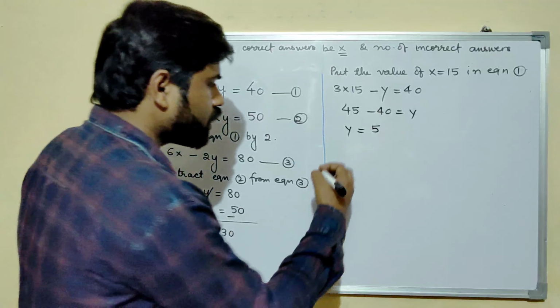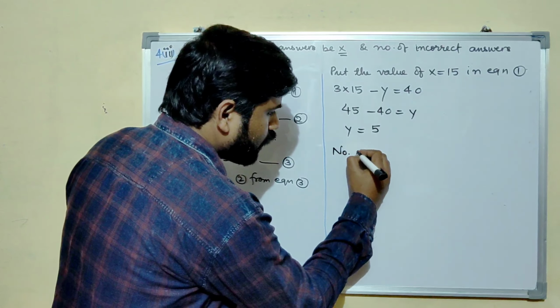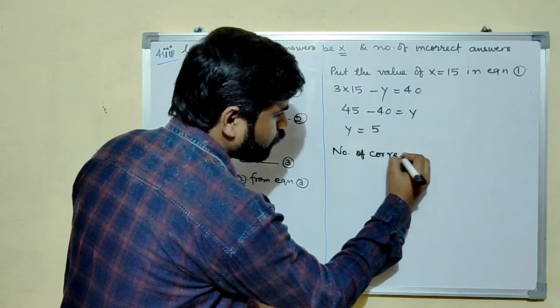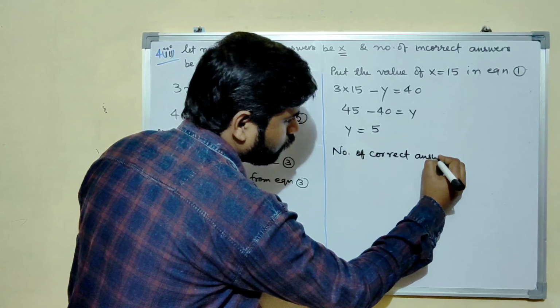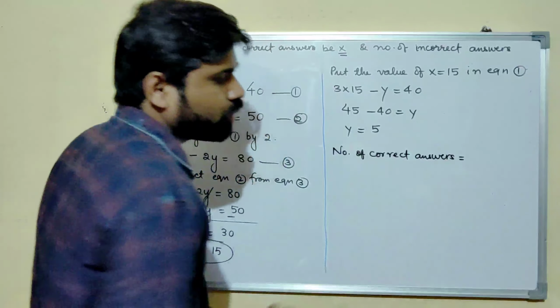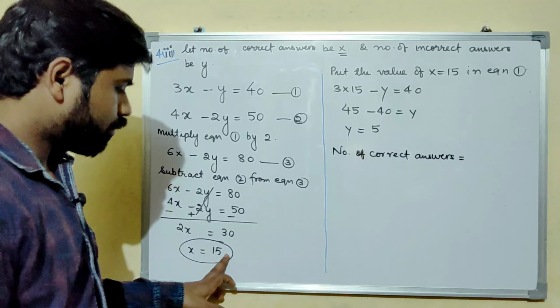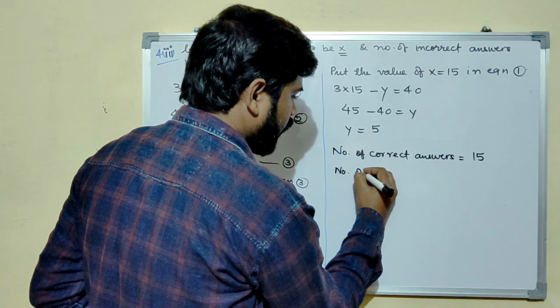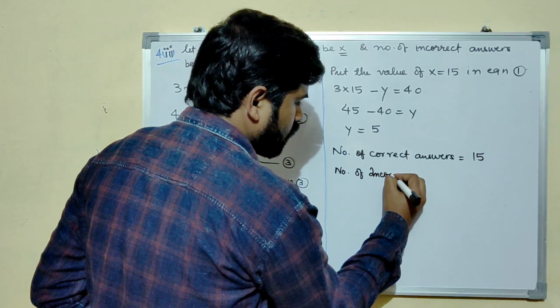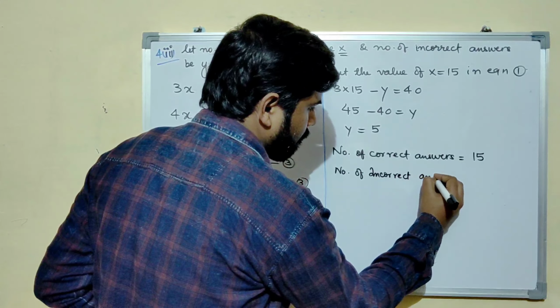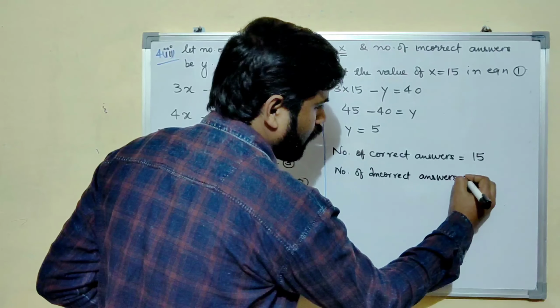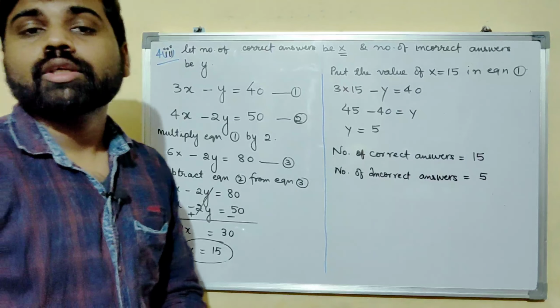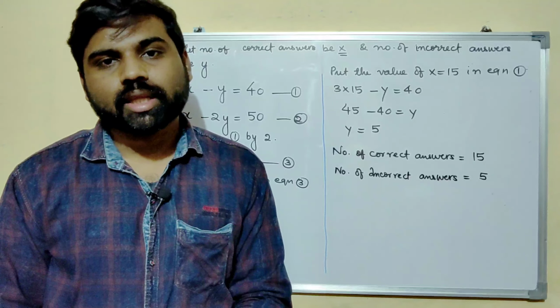That means, let me just write the statement: number of correct answers equals 15, and number of incorrect answers is 5. So can you tell me how many questions are there?